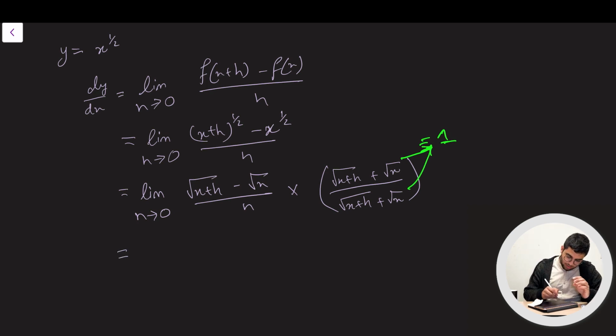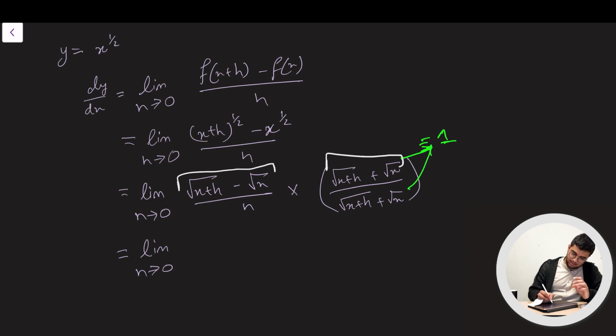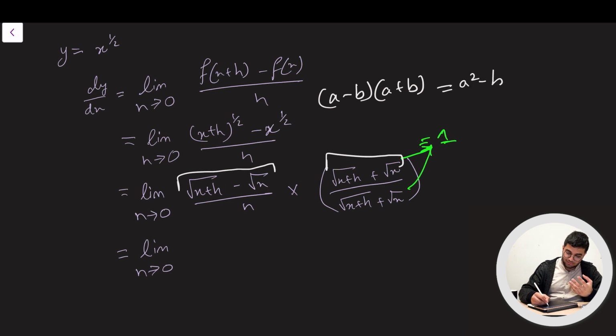The benefit of doing that is now, if you notice, this and this are in the form a take b times a plus b. You can see how that's useful because that gives you a squared take b squared. That's the trick. And now using that, you get rid of the square roots, at least on the numerator.